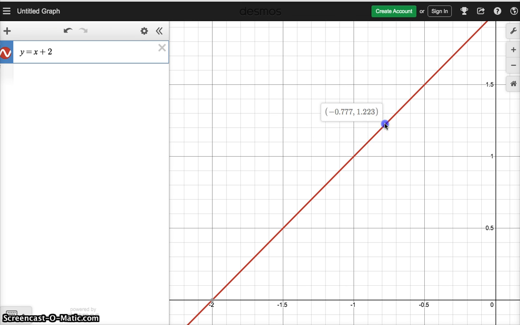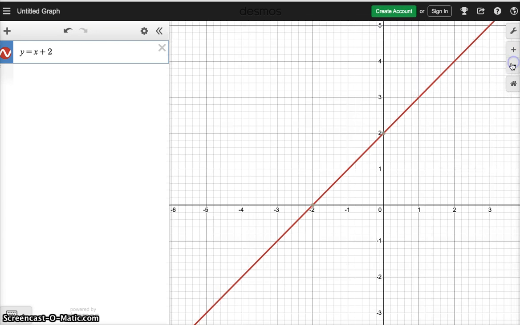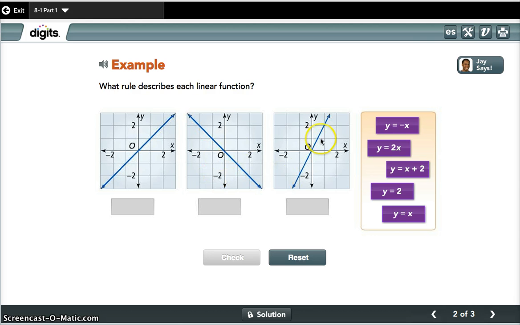And because realistically I can't plot every single point that could be a possibility for this equation to be true, that's why we draw a line. So we draw this line to represent that any number that goes along this line that we can get an xy coordinate for is going to be a true solution for our equation.